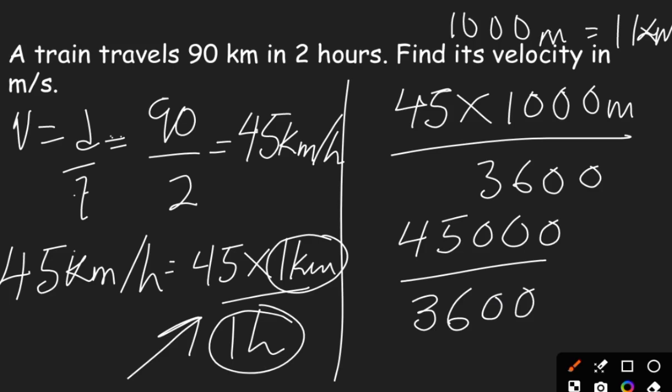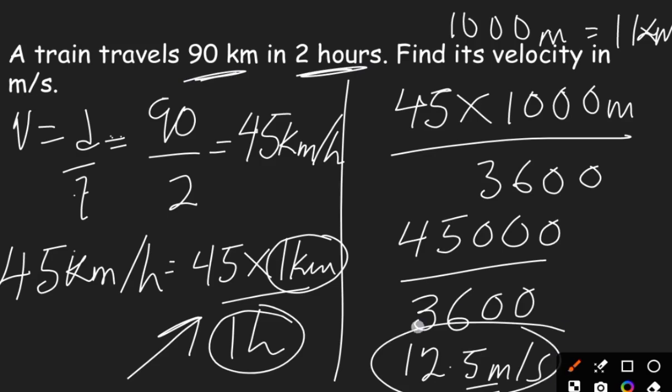So 45,000 divided by 3,600. You have 12.5 meter per second.